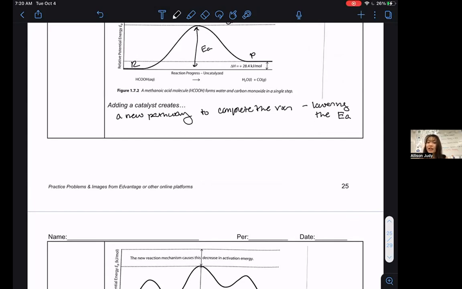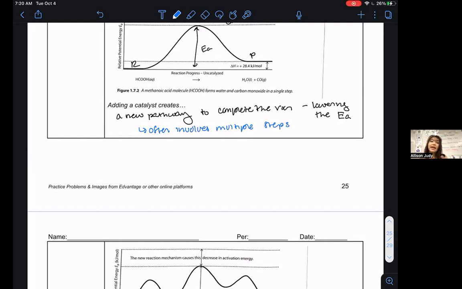Well, the evidence for this actually lies in when we throw in a catalyst. Oftentimes, the way that a catalyst speeds up a reaction and changes the activation energy is by creating a new pathway that involves multiple steps.